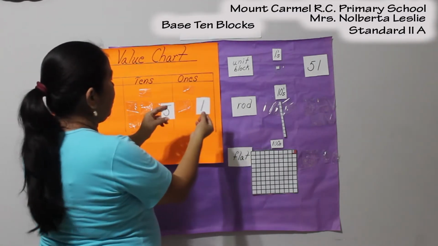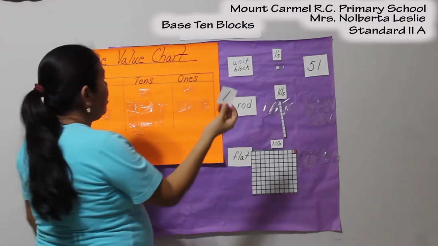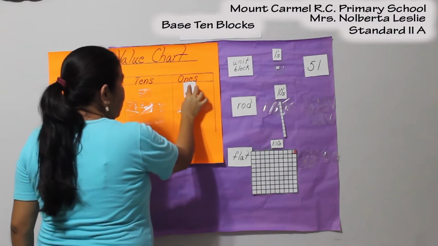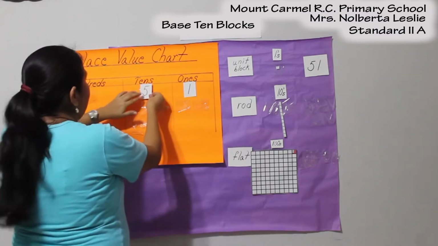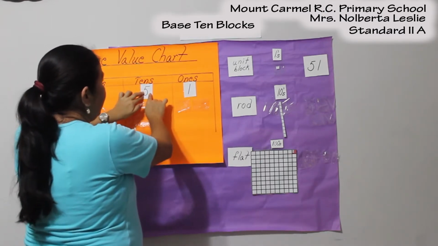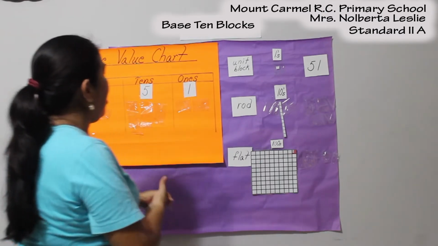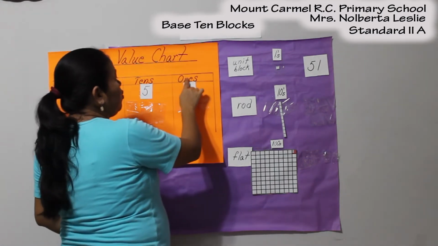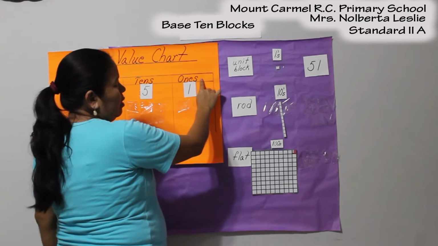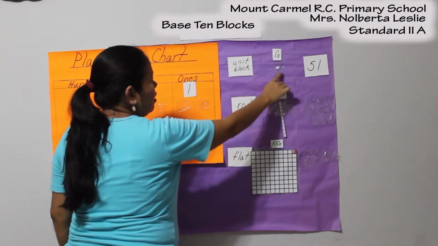I want to put 51. How many ones? We have the number 1. How many tens? 5. So we get the number 51. Now, if you can recall, what does ones mean? It means 1 unit block.